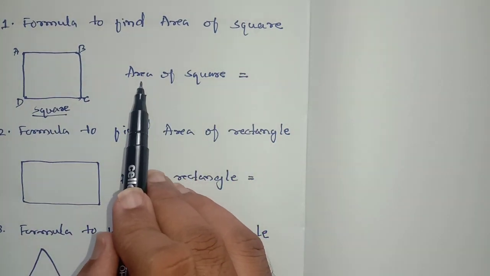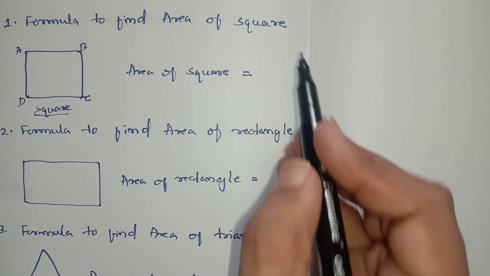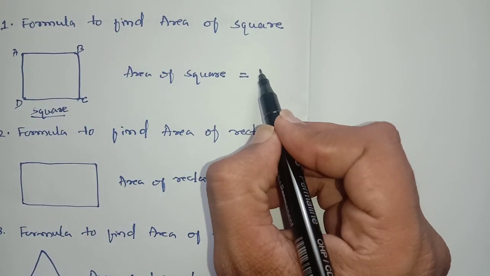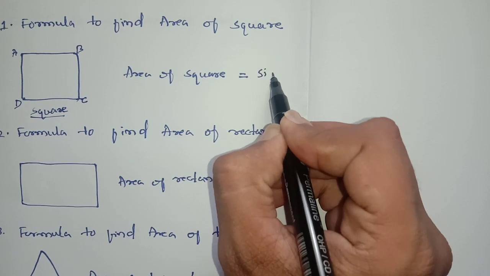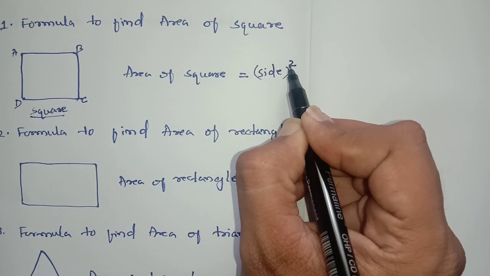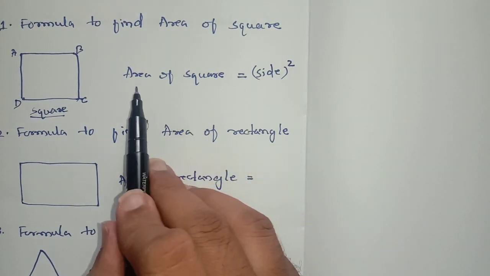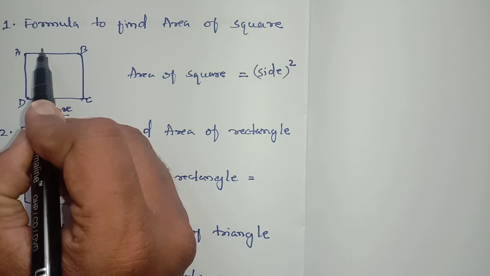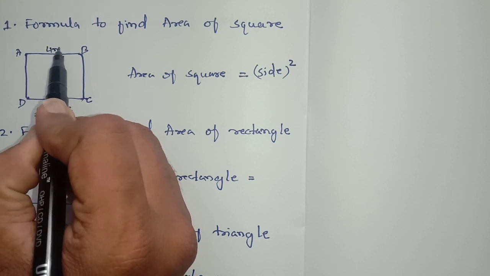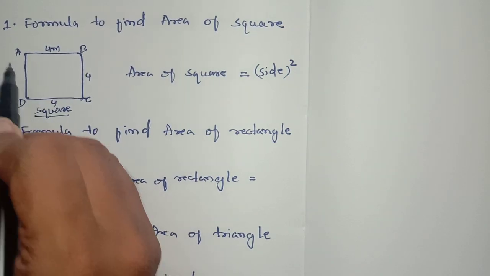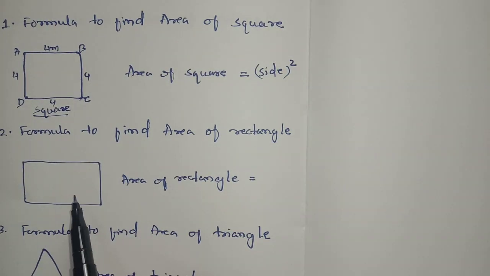How to find the area of square? The formula to find the area of square is side square, student. Whatever is the side, the square of that will give you the area of square. Suppose sides are 4 meter. Side is the same for all, 4 meter, 4 meter, 4 meter.